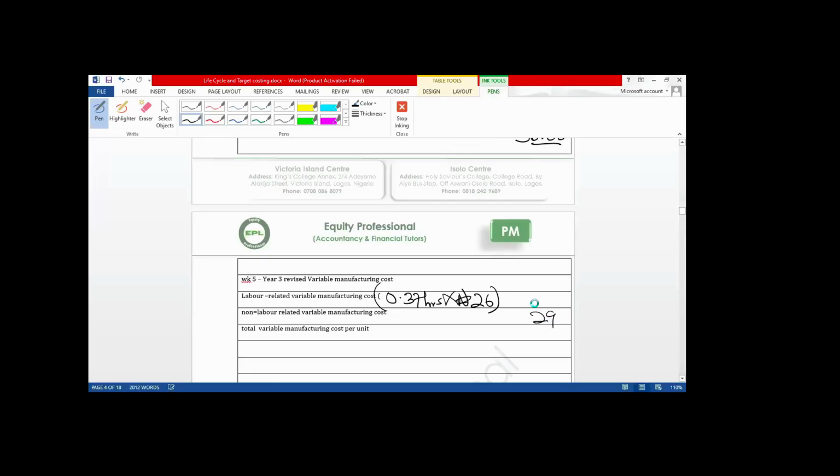The non-labor related cost is 29. Please add together. 38.62.